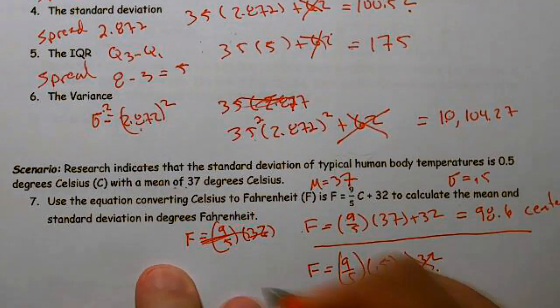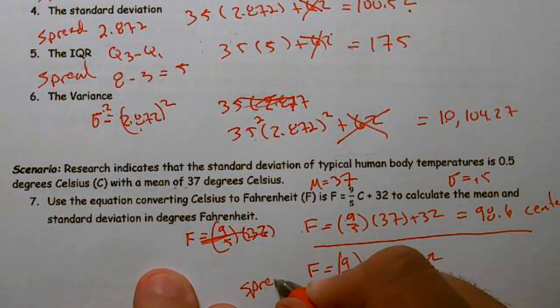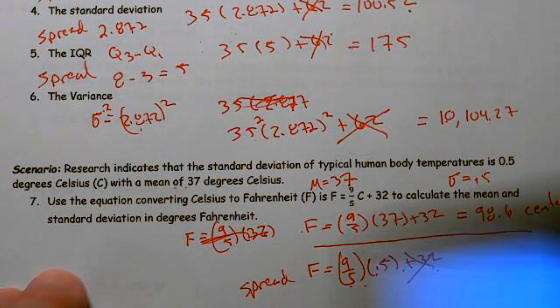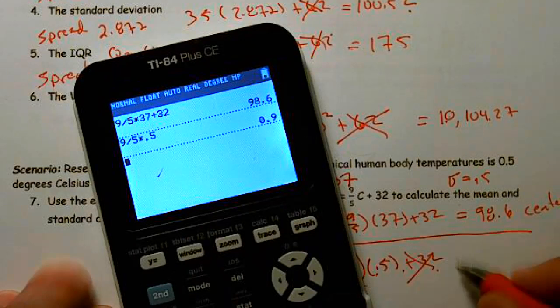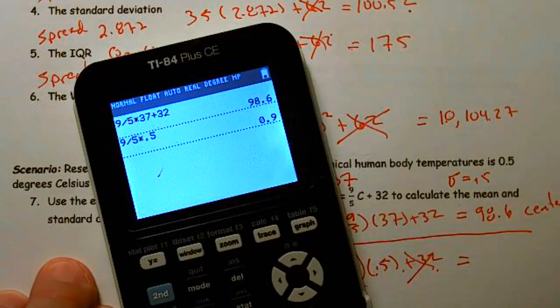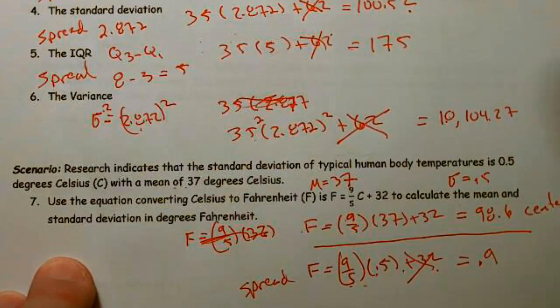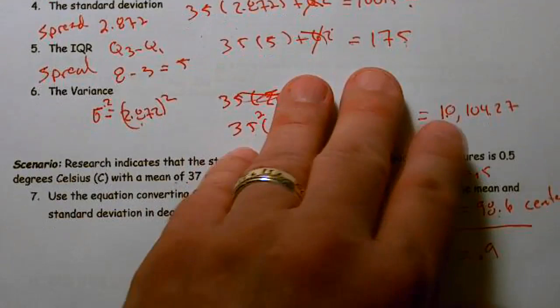But here, this is spread, so I can't. So it's just going to be 9/5 times 0.5. So 9 divided by 5 times 0.5. So the standard deviation for degrees Fahrenheit is going to be 0.9. Okay. All right. So that's that page, which is transforming.